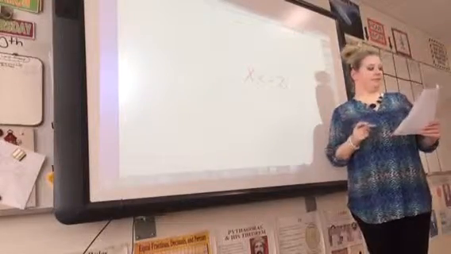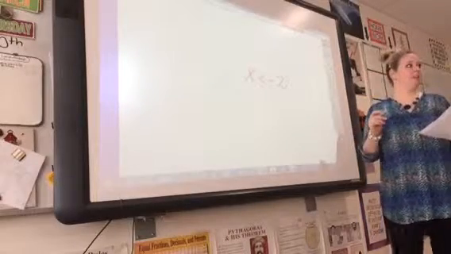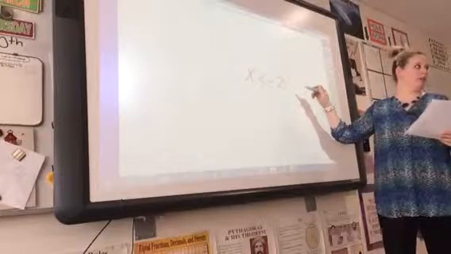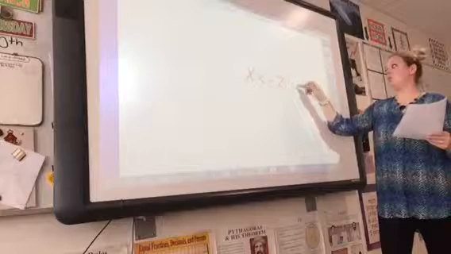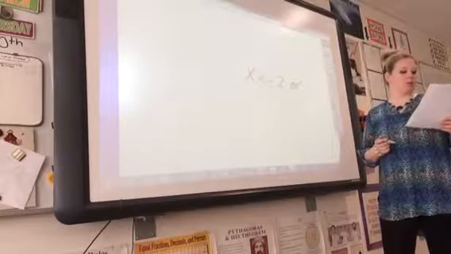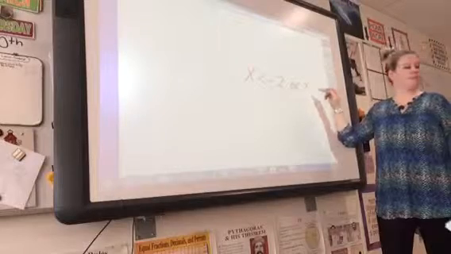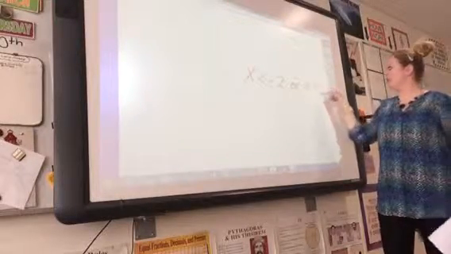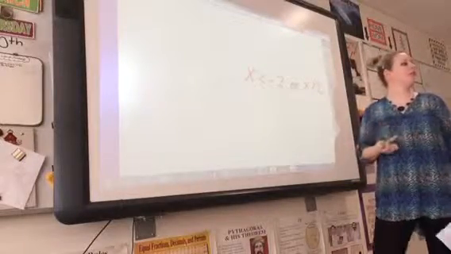What? Where's the arrow pointing? Towards the left, right? So it's less than. Is it an or or an and? Or. Okay. What's the other one say? Greater than 2. Okay, so this is the answer to an inequality that we have to come up with.